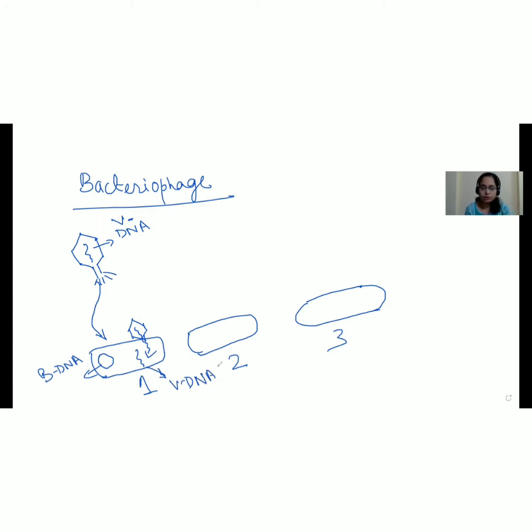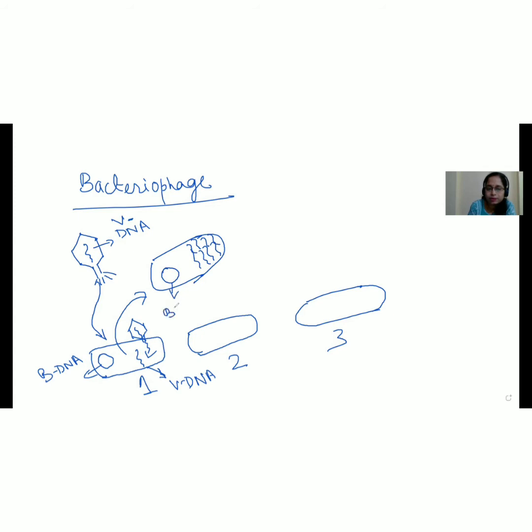And one more thing it does, it hijacks this bacterial cell. What is the meaning of this? It will use all the enzymes, all the machinery, all the system of this bacteria for its own growth. Okay. Now this virus is going to make a lot of copies inside the bacterial cell.